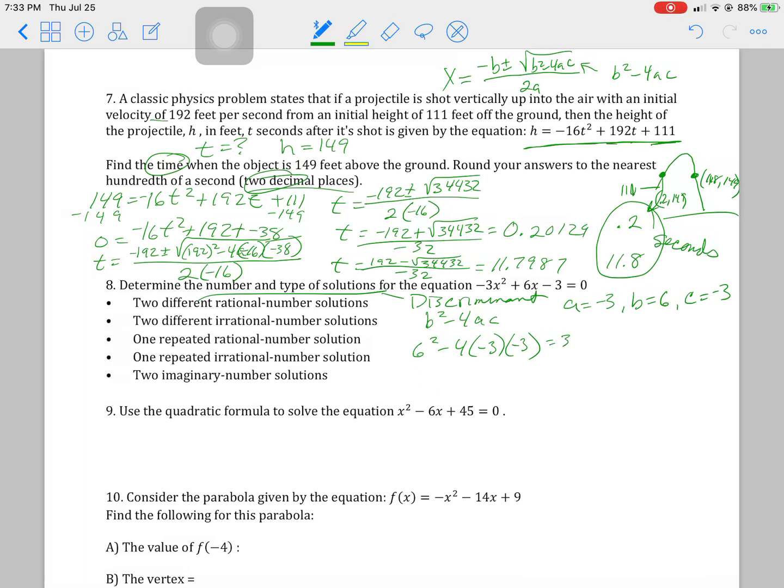Stay up here, 36, 3 negatives, going to be negative 12 times 36 equals 0. Okay, so if your discriminant is 0, then there is one real solution.